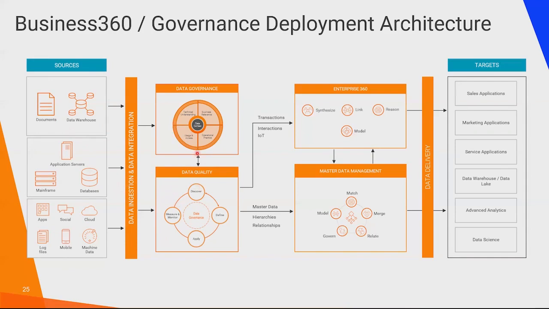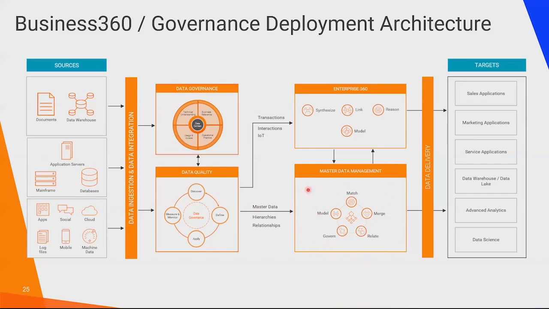And data governance and quality feed back into each other based on the types of requirements and cleansing requirements. And once the data is cleansed, you are feeding that data to master it. You could use any of the options that we went through to create this master data.